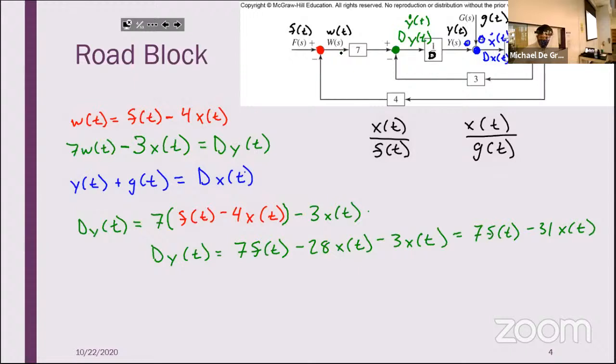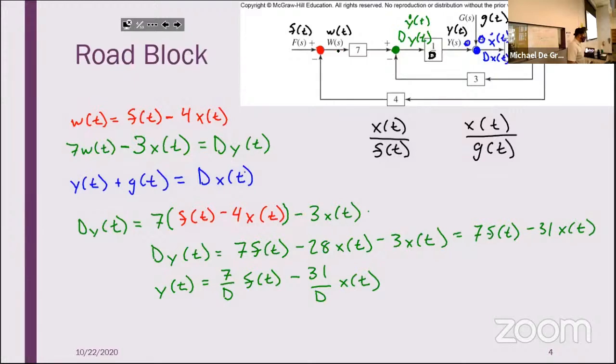All right. So I have an expression for y of t, because I can rewrite this. I can divide out by d, and I'll get 7 over d times f of t minus 31 over d times x of t.